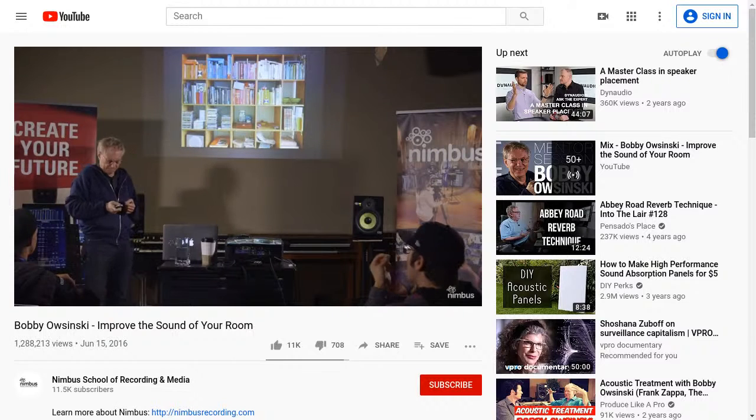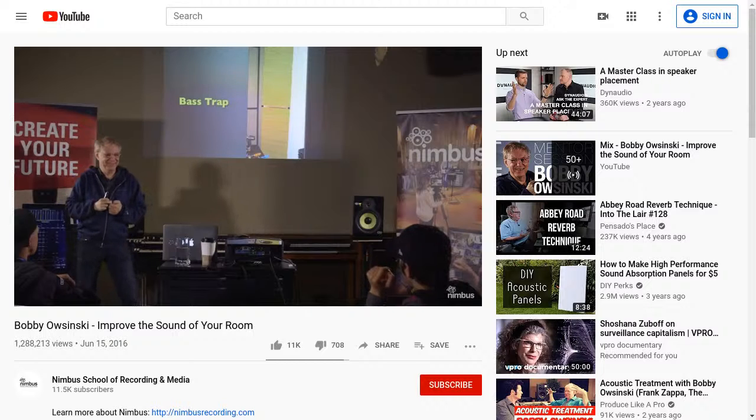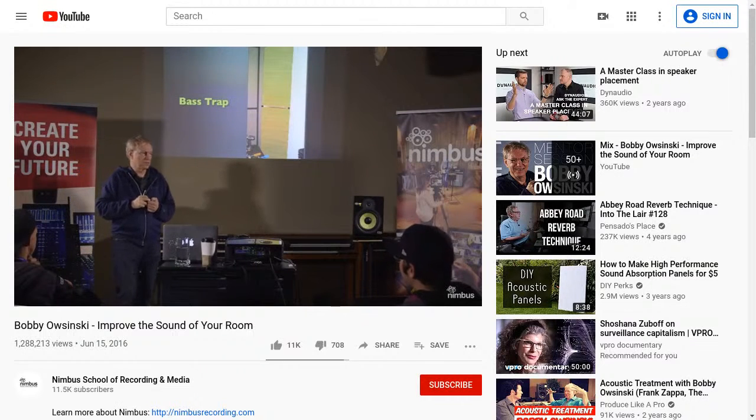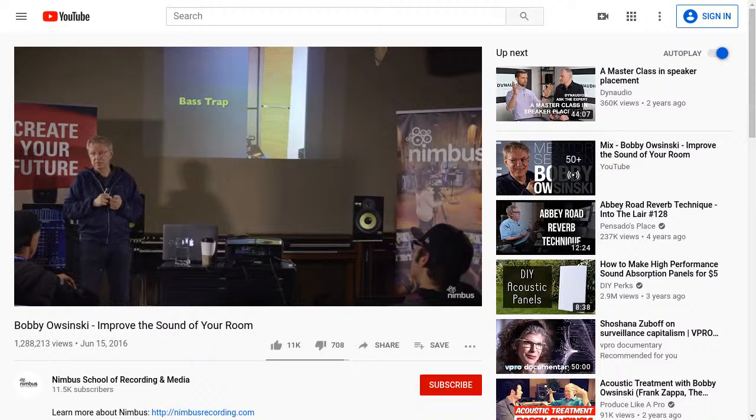Anyway, okay, so we talked about everything but the corners. Bass traps. Why do we want bass traps? It's like reflects in the corners. Corners are the worst offenders.